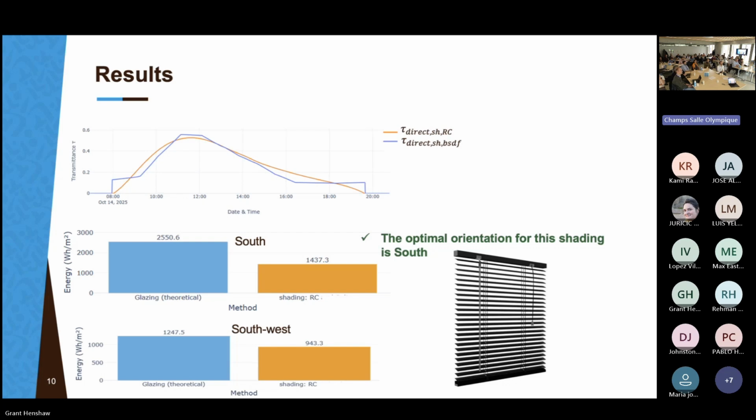Here I'm comparing the daily accumulated energy for double glazing alone and with this shading, meaning with the transmittance that was derived from the RC model. You can see here that in the south we had less solar gain transmitted inside by the shading, which means that the optimal orientation for this shading is the south.